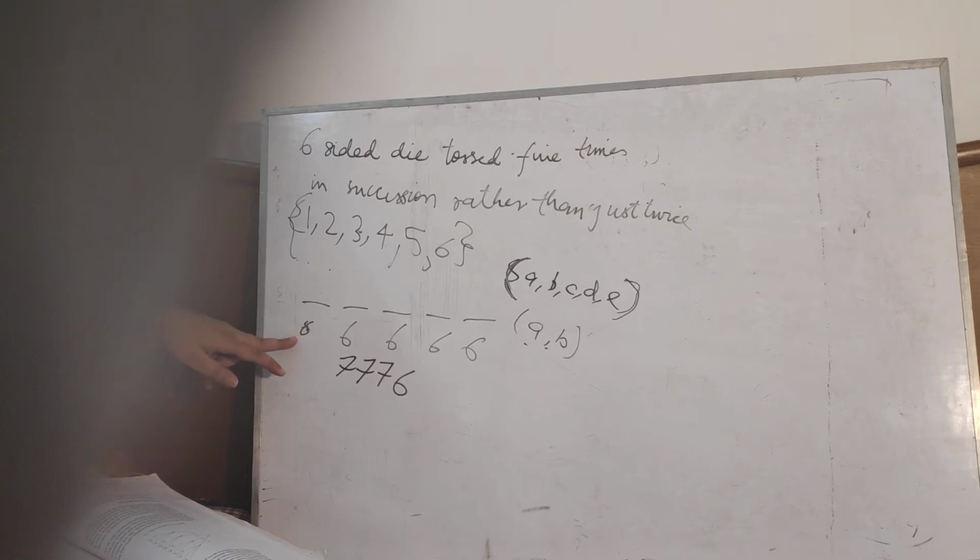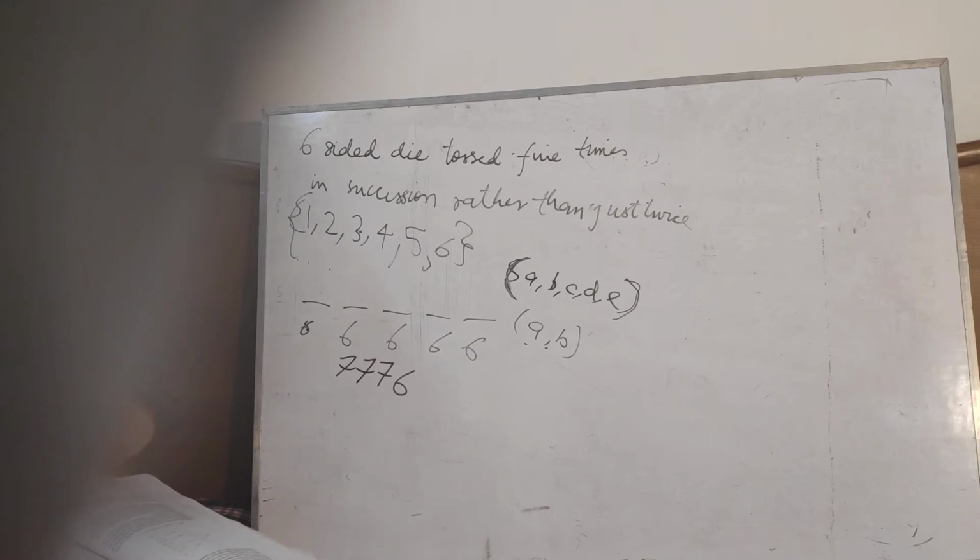For each choice of the first element, we have a certain number of choices for the second element. In this case, say you choose 1 here, then how many options do you have here? You have all 6 options in this particular case. And so for each number here, you have 6 choices here.